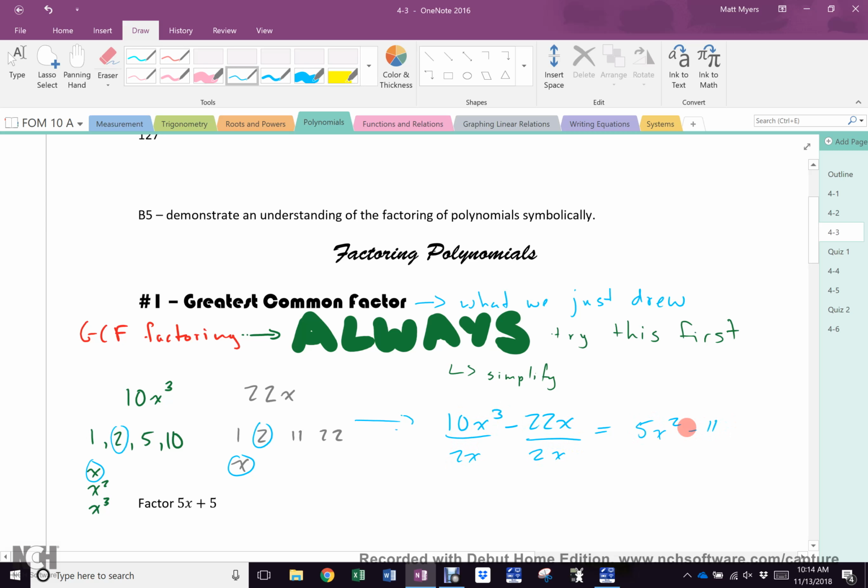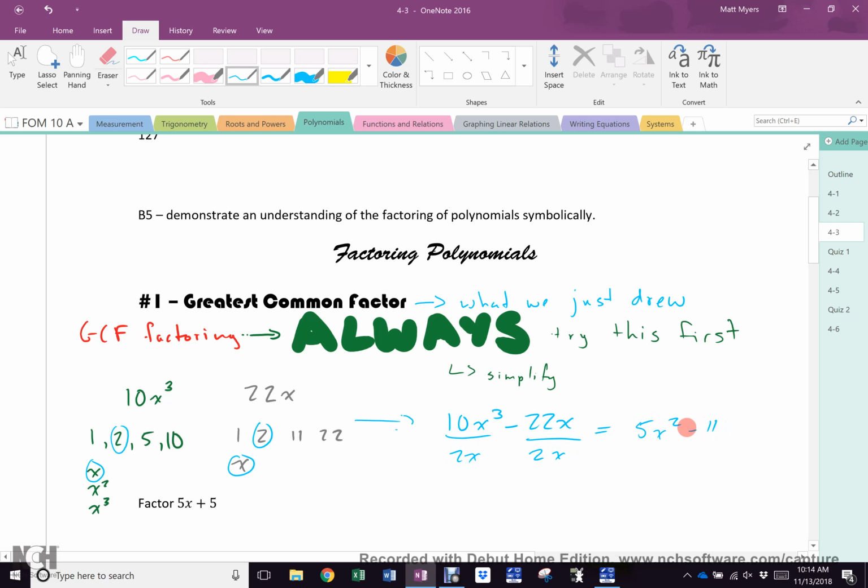You guys, for whatever reason, like to have a nice list of steps. You know I hate those lists of steps, but I will provide it for you. To GCF factor. Step 1, find the GCF of all terms. How do I find the GCF? We've done that already, right? If you don't see it automatically, you got to make your factor tree and find it, right? Can you forget about variables?